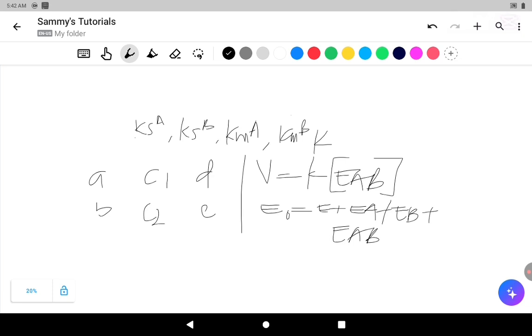And the third equation we are going to consider is that at the maximum velocity of the reaction, V is equal to K times the total enzyme. That is to say, at Vmax, pay attention, it is equal to K times E0. So we are going to refer back to all these equations.